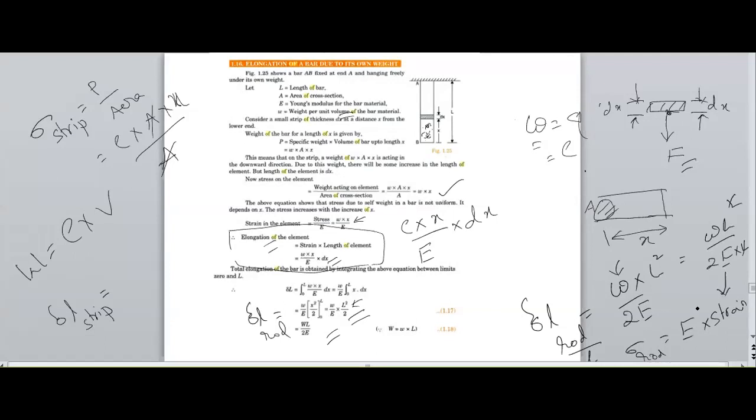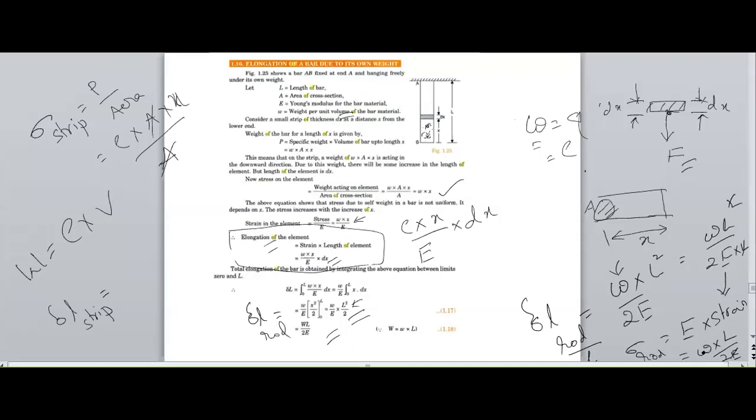Substituting this strain in the equation, we can find the stress. WL by 2E. Sorry, 2E will also be cancelled, E also will be cancelled.